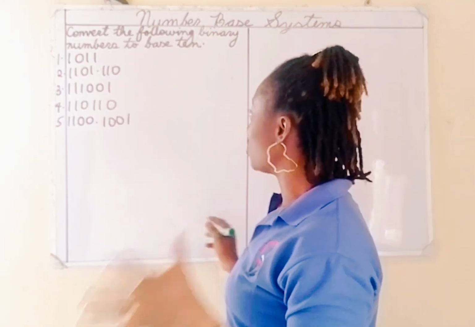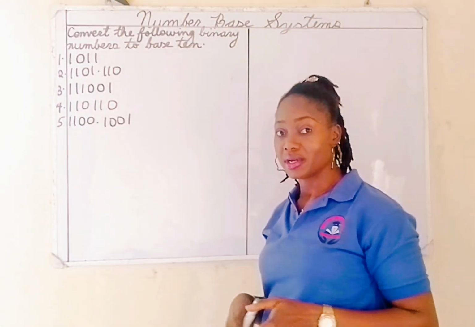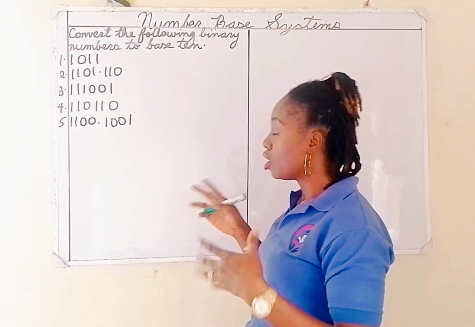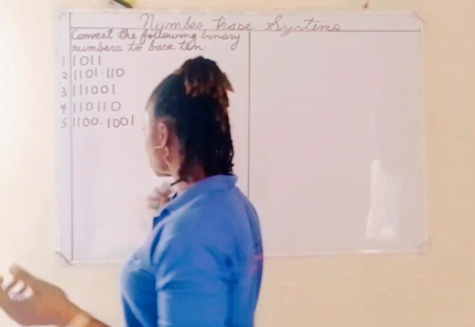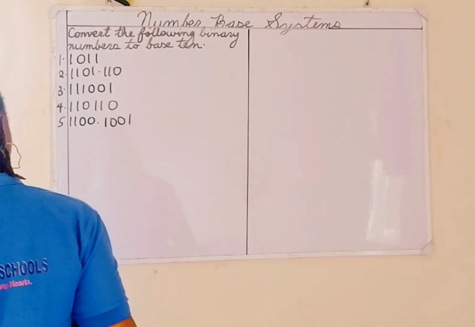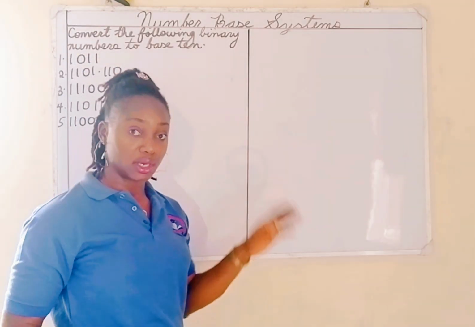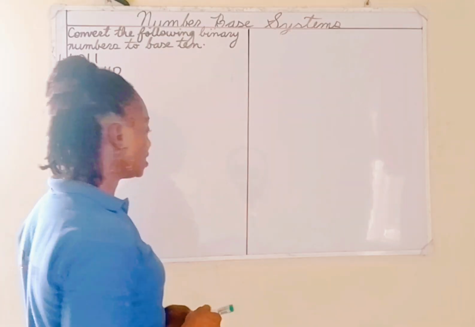Now, we're going to convert binary numbers on the board to base 10 numbers. All of these numbers are in base 2. Okay, so we want to convert all of these to base 10. Let's get right into it.